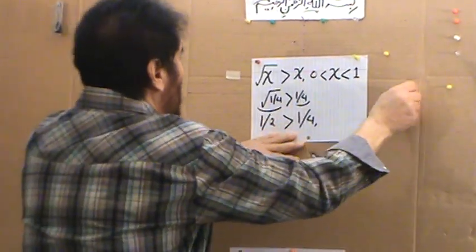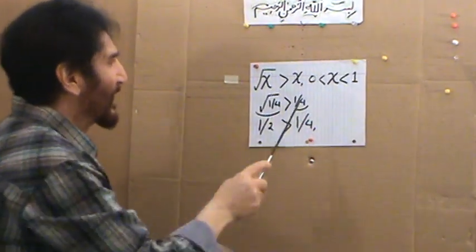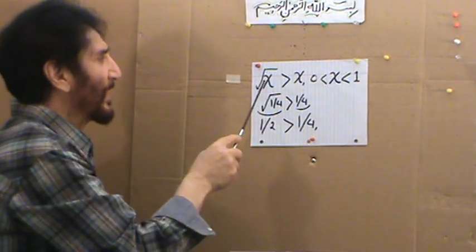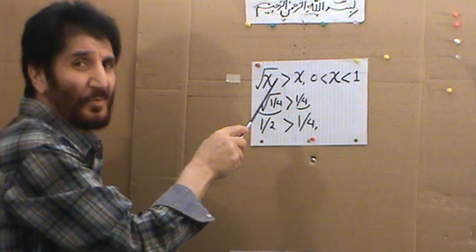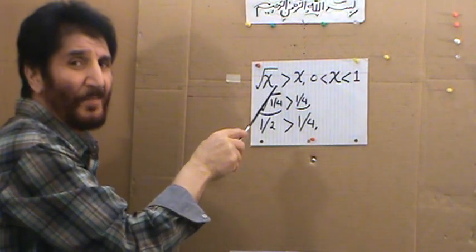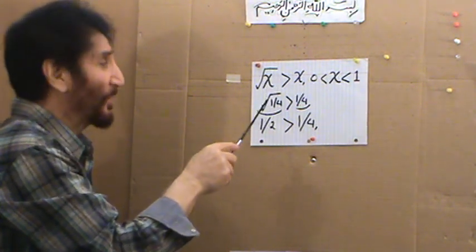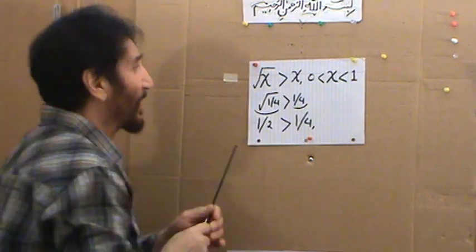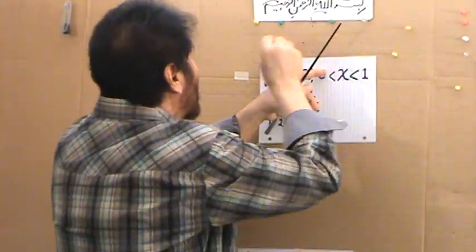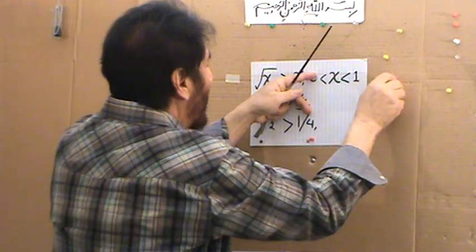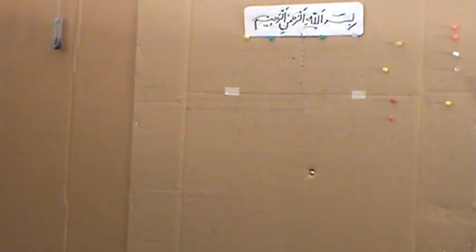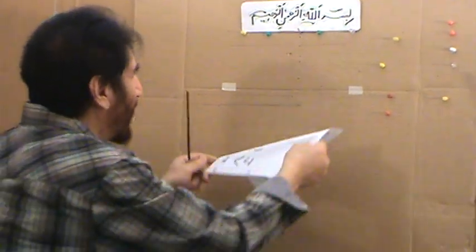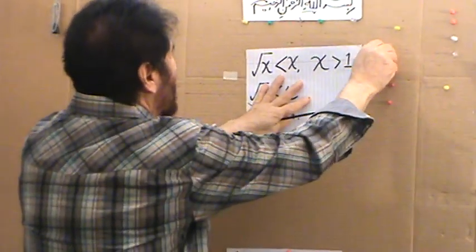A square root of x, as I have already said, if x is between 0 and 1, then a square root of x is bigger than x. A square root of any number between 0 and 1 is bigger than that number. And I made an example for you. The same is true if a number is larger than 1, but it's exactly opposite.